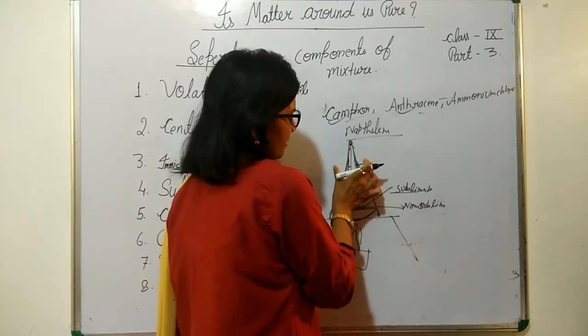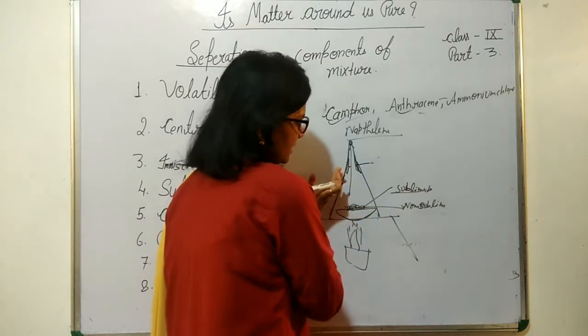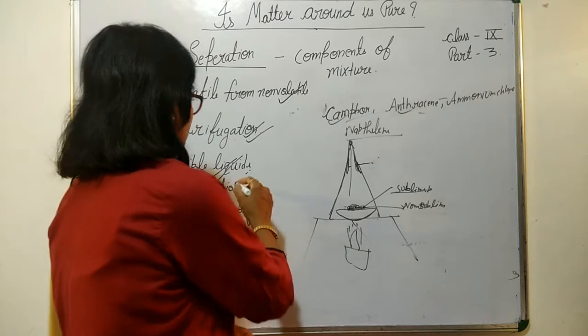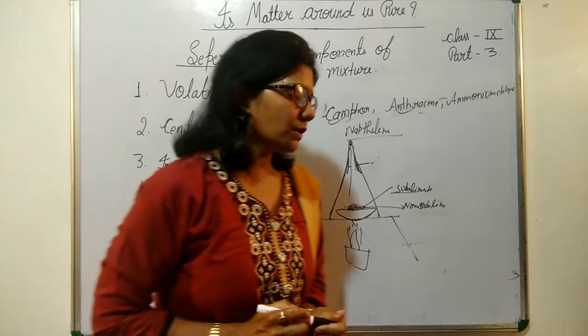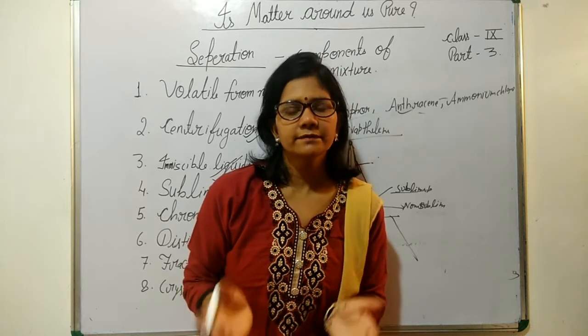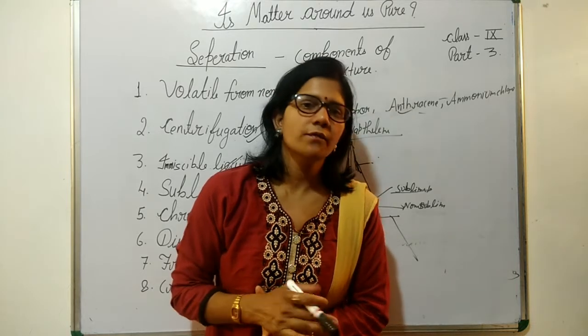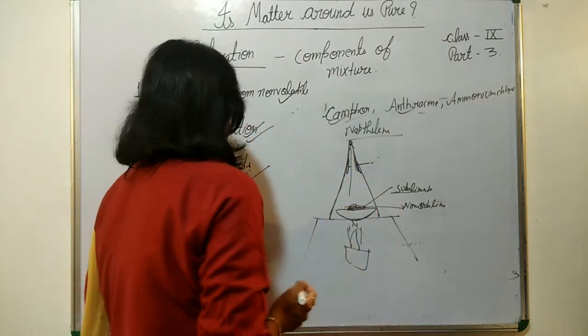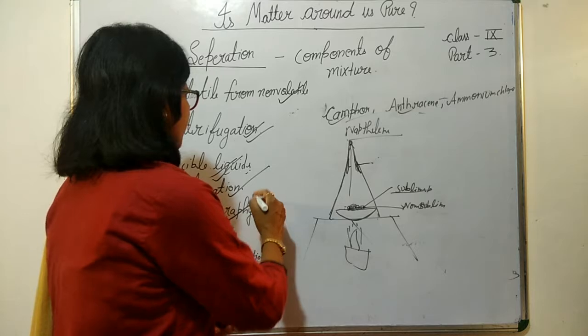After the whole sublimate has been collected, we can separate out the non-sublimates from here and the sublimate from here. So this technique is very useful to separate different substances of sublimate and non-sublimate nature. Now let's see the chromatographic technique.